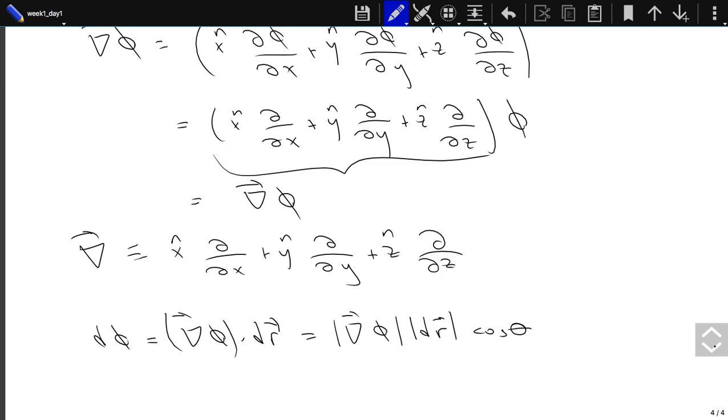The maximum change will be in this direction. That change is maximum when I take a step in this direction, but that basically means that gradient of phi is in that direction, in the direction in which phi changes fastest.